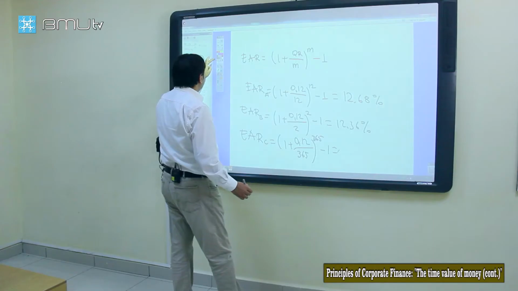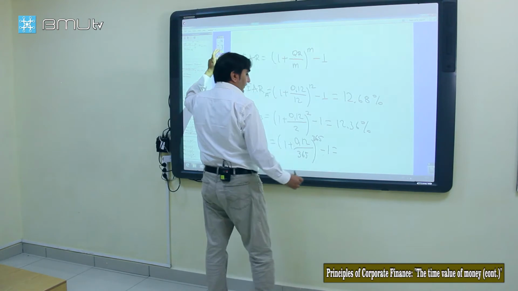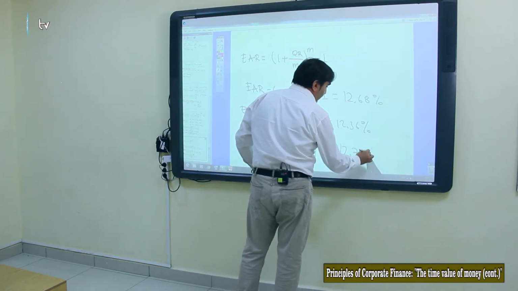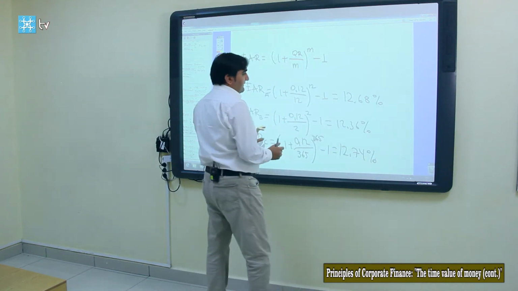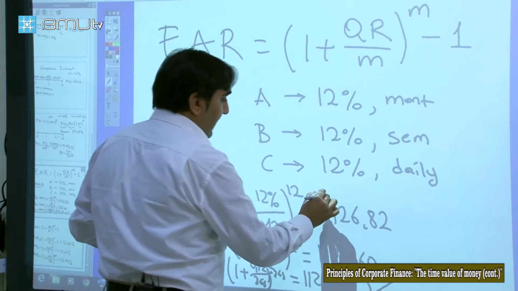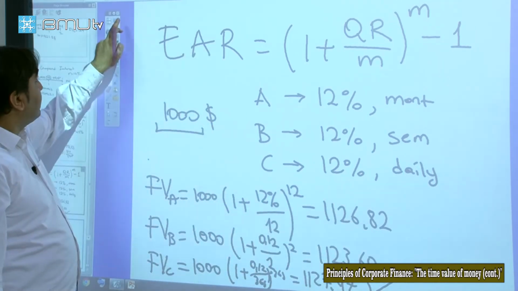And this is 12.74%. So this is the rate part, and this is the future value part of this investment.